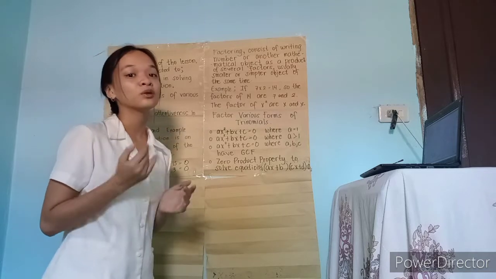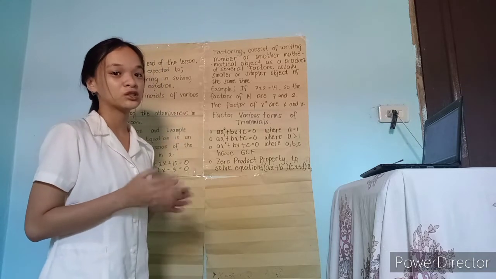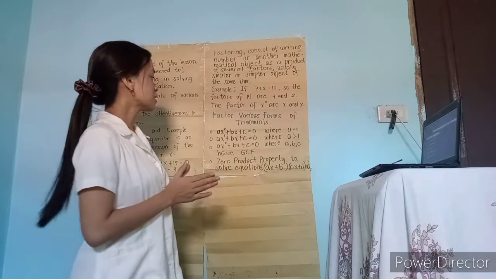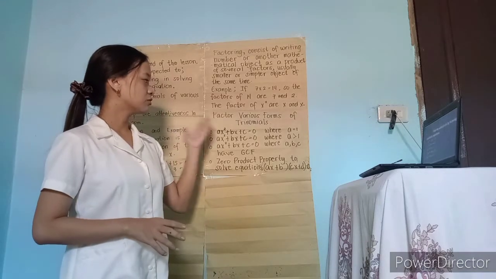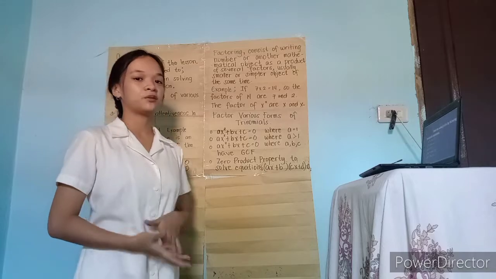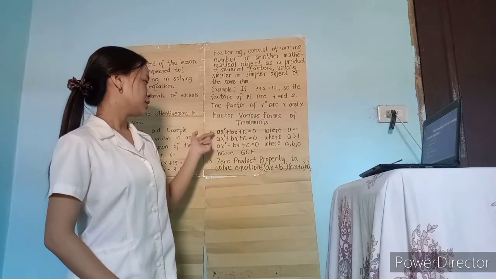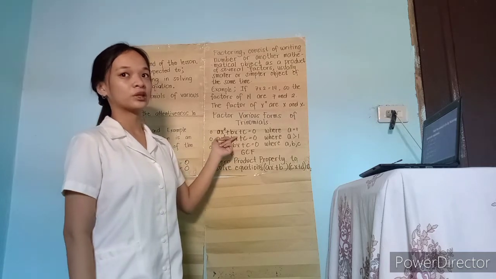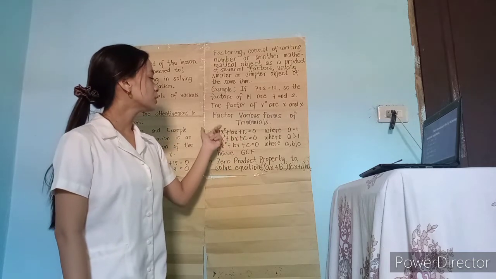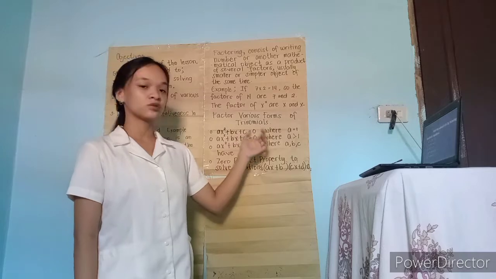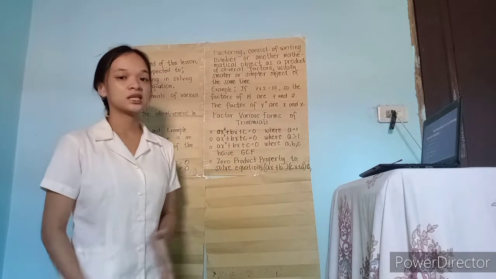Okay, so now we are going to use factoring in solving quadratic equations. Let's move here. Factor various forms of trinomials or quadratic equations. This is the standard form of a quadratic equation: ax squared plus bx plus c is equal to 0, where a is equal to 1.